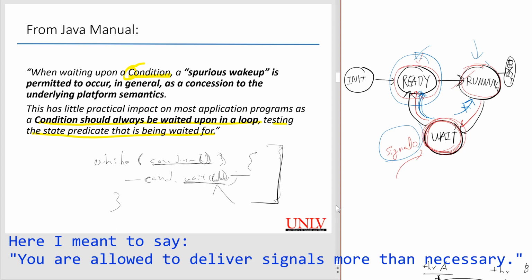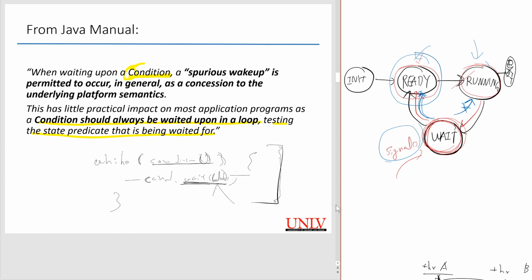This wait can be woken up more than necessary. If you're woken up unnecessarily, that's okay, because you check the condition again, and if you still haven't met the condition, then you will go back to waiting again. So the semantics of a condition variable promotes this kind of code writing.